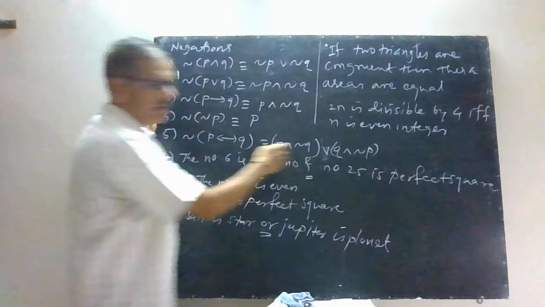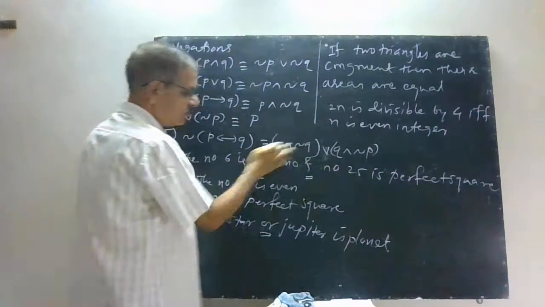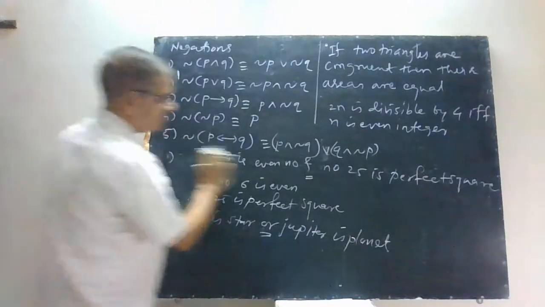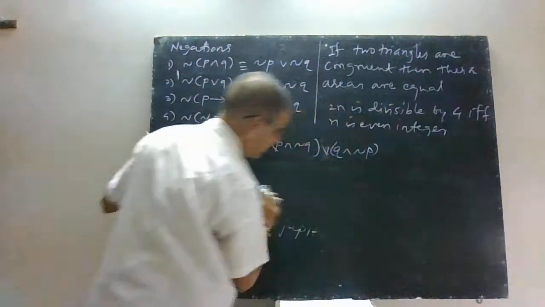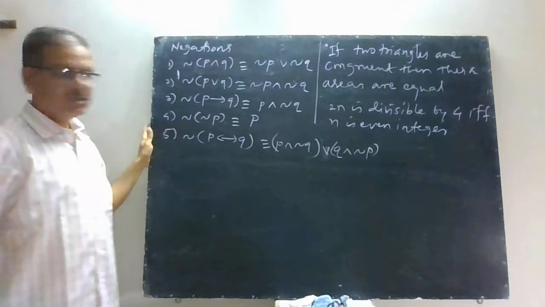So without going into its meaning, you just put the values of P and Q in this formula. So you should only remember the formula. So it is not difficult to write down the negation of statements like that.